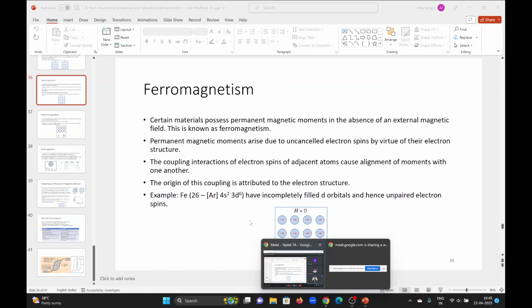For FCC it will be 2 upon a square. What are the options? 2 upon a square is there, the first option. So for the 100 plane, it will be 2 upon a square. For the 110 plane, it will be different, like root 2 upon a square.